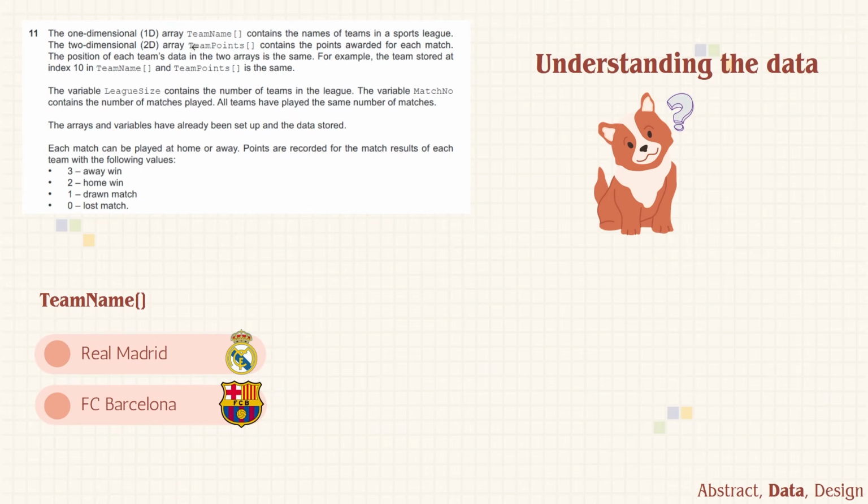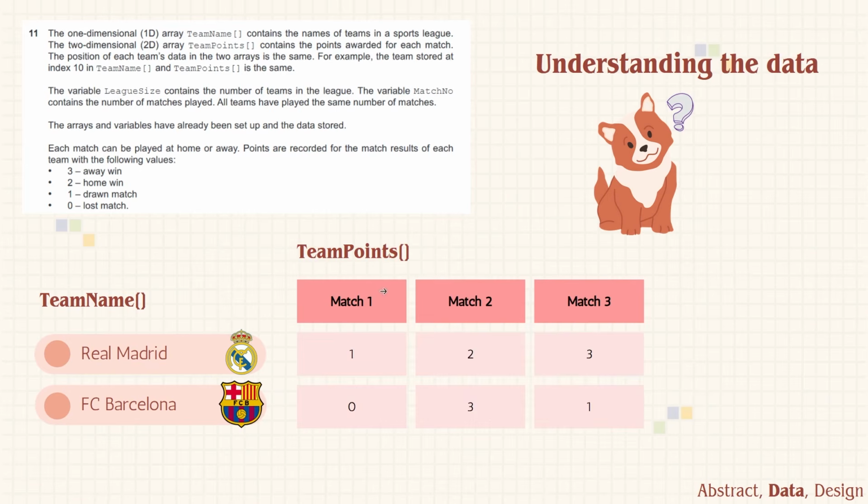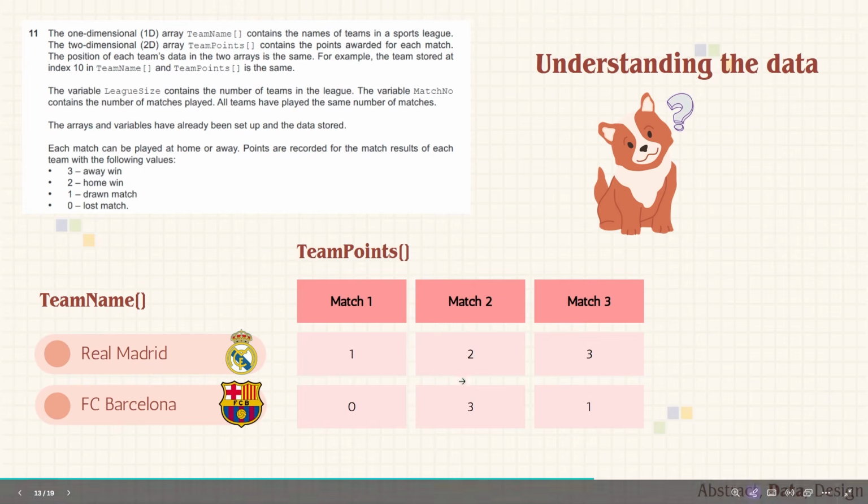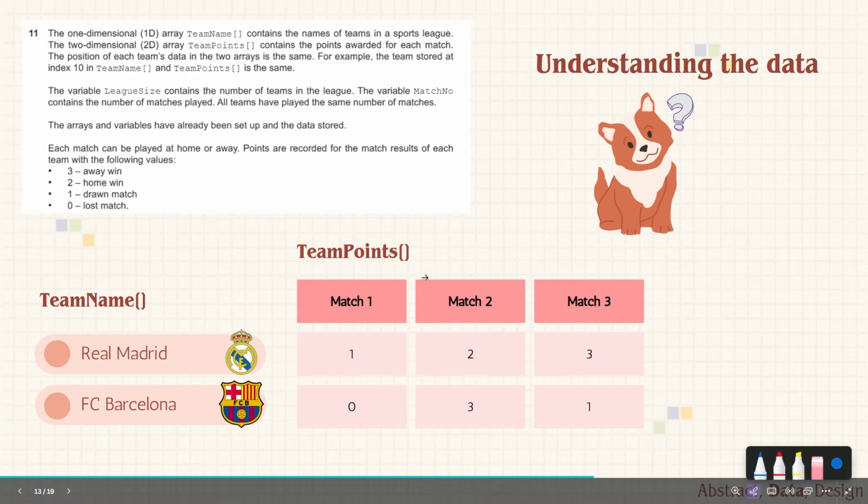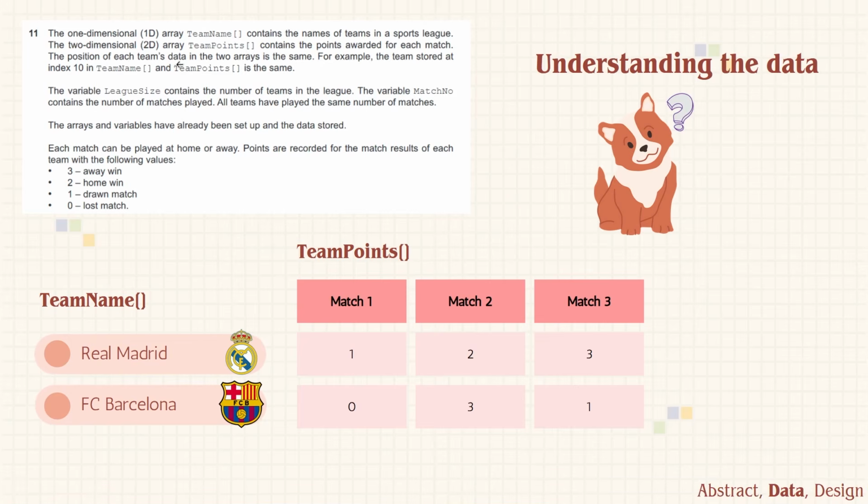Then 2D array team points contains the points awarded for each match. For example, match 1, 1 point would mean they drew, or 2 points would mean they won at home, or 3 points would mean they won away from their stadium, or 0 meaning they lost. And the position of each team's data in the two arrays is the same.